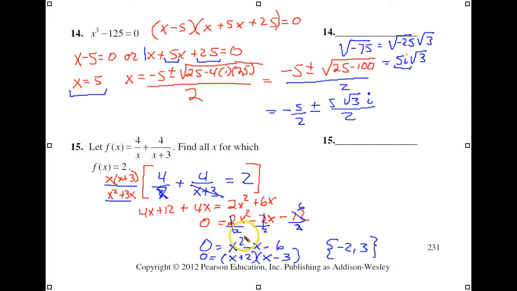And then I said, hey, wait a minute. A is 1, B is negative 1, and C is negative 6. But I can factor that. Now, they don't want us to factor it, but I did, just to show you. And then what are your results? Well, here, x is going to be a negative 2, and y is a 3, and those are the answers.